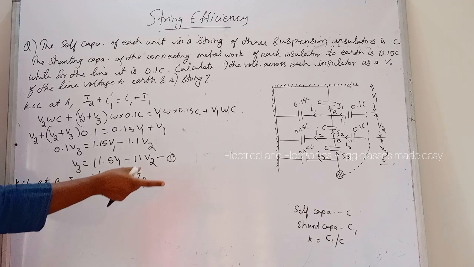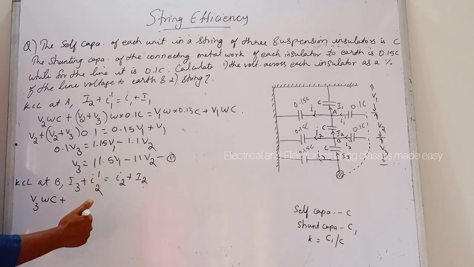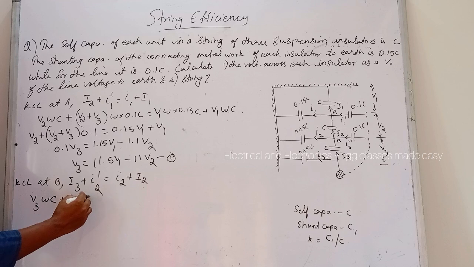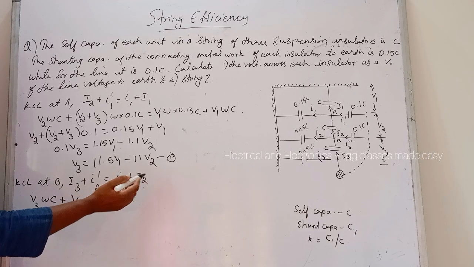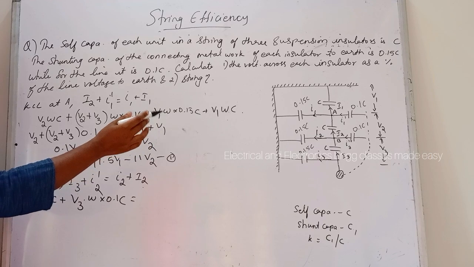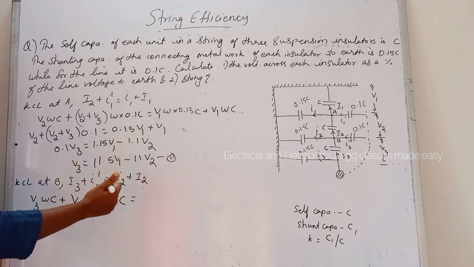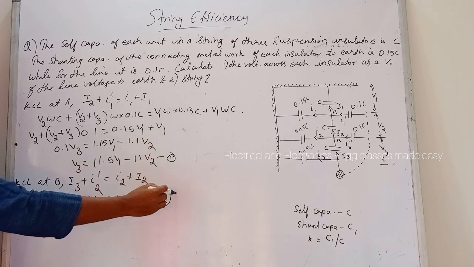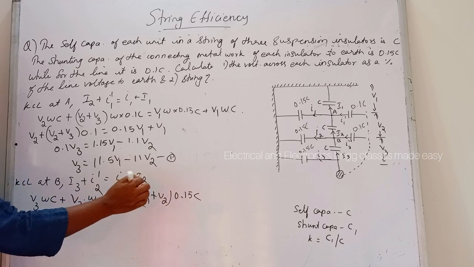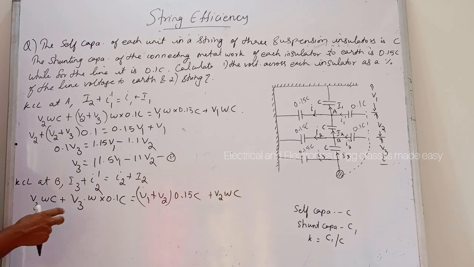I3 is equal to V3 into omega C, plus what is i2 dash? i2 dash is V3 into omega into 0.1 C, that is equal to small i2. What is i2? The voltage across that capacitor is V1 plus V2, so V1 plus V2 into 0.15 C. Then plus capital I2 is V2 into omega C.